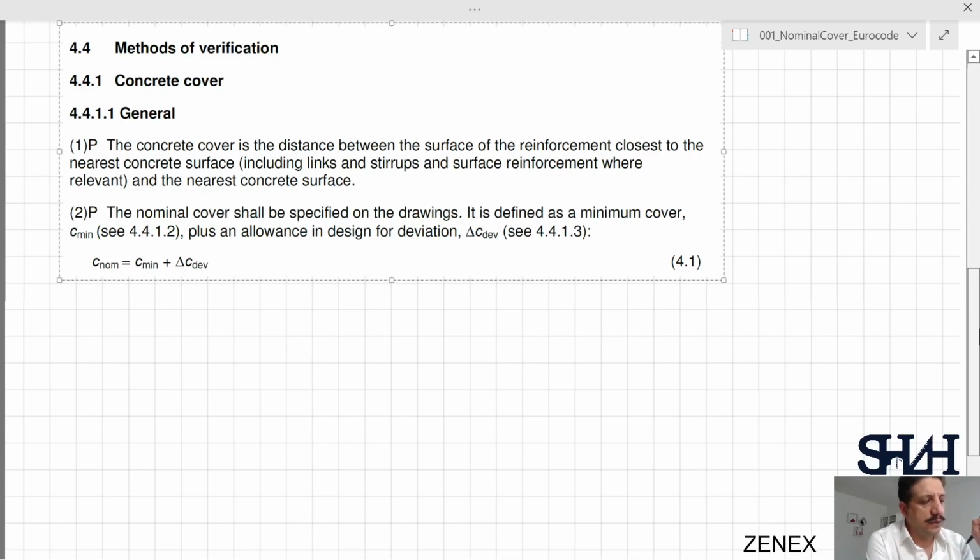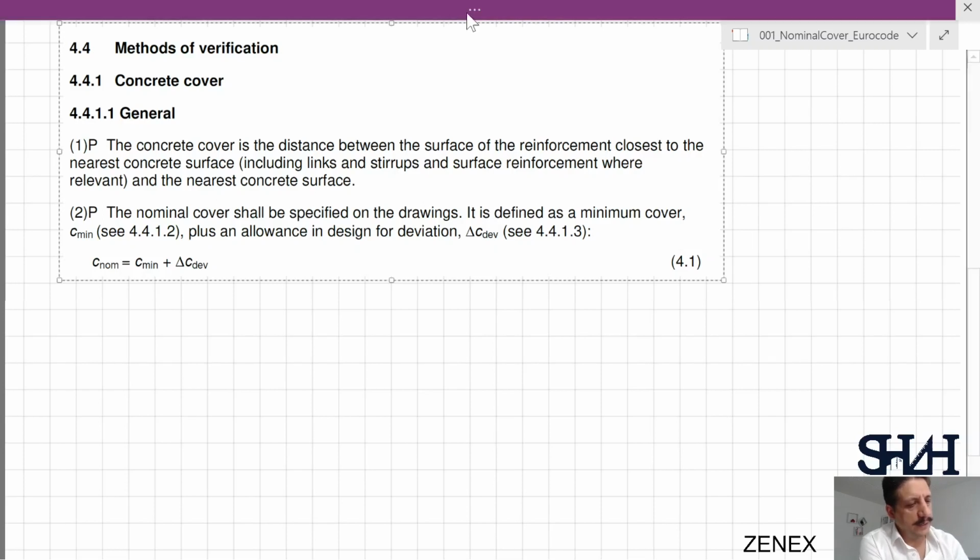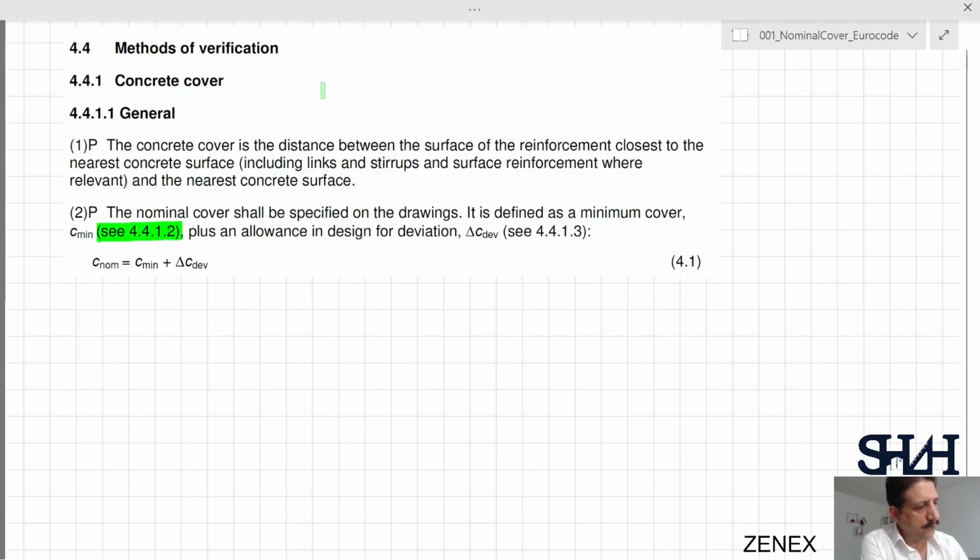And in number 2, the nominal cover shall be specified on the drawings. I mentioned this as well. It is defined as a minimum cover, c min, plus an allowance in design for deviation, delta c dev. So c min is given in clause 4.4.1.2 and delta c dev is given in clause 4.4.1.3.